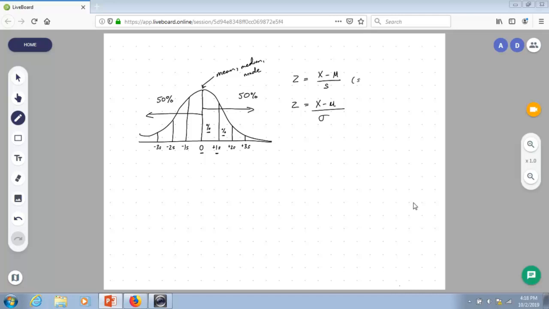So what is happening in this formula? Well, in the numerator, we have a deviation for each formula. And then in the denominator, we have standard deviations.